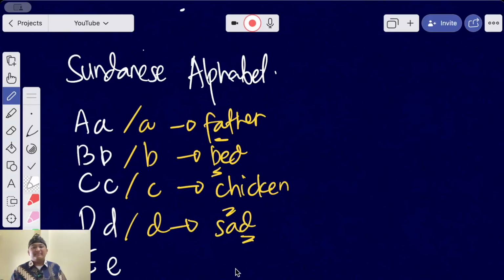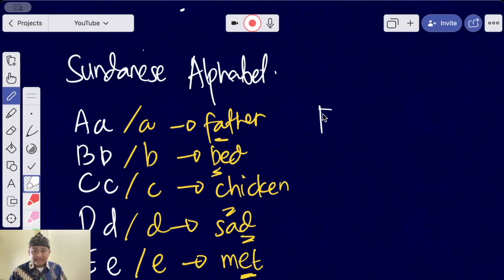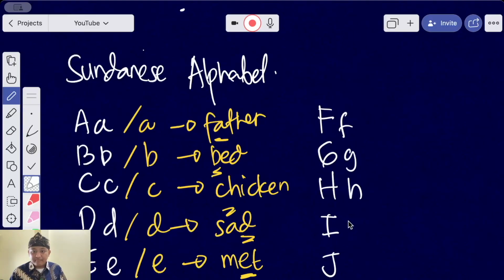This one is E, as in met. You know, the past verb of meet. And then letters F, G, H, I, and J. The letter F here is the one in fast.